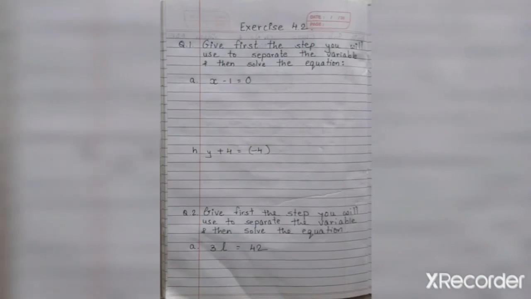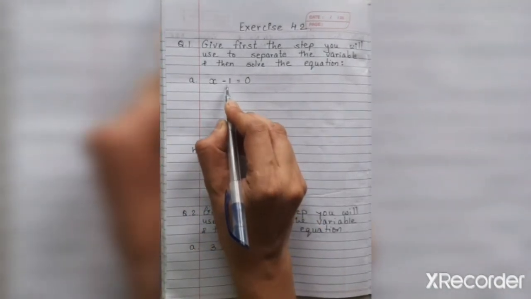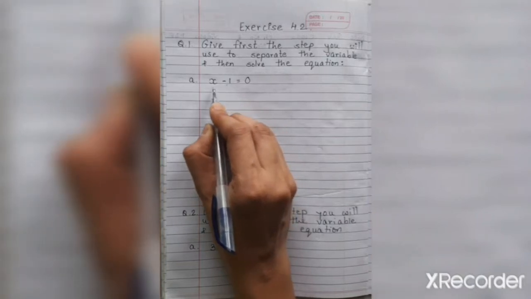Here we have question 1. First give the step you will use to separate the variable and then solve the equation. Here the first one is x minus 1 equals 0. What will we do? Here we have minus 1. x is the variable.